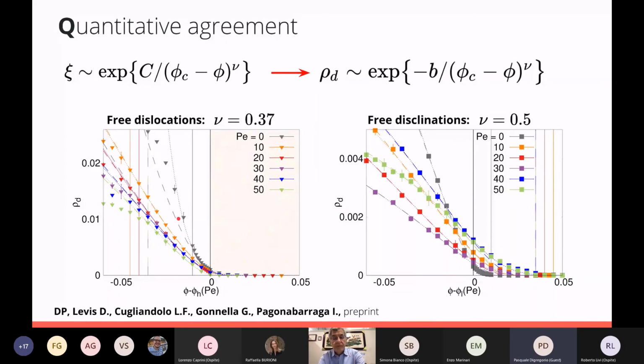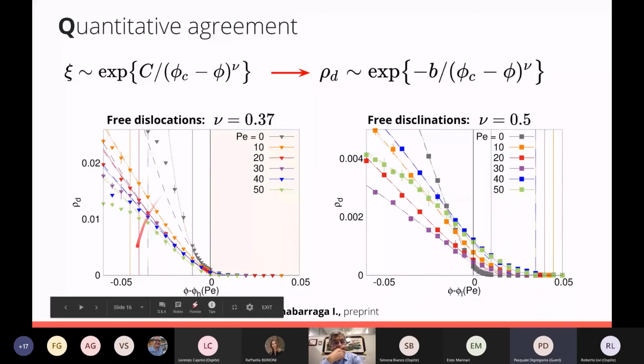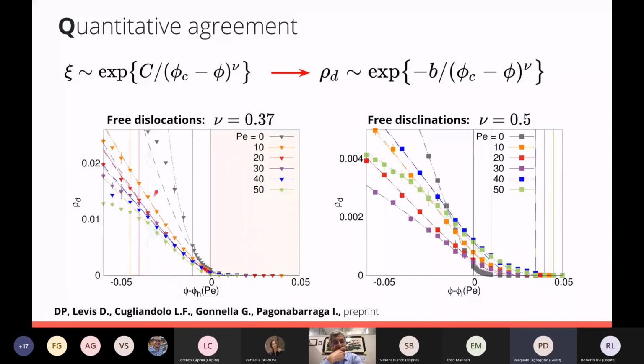So I agree, it looks like the slope of these curves is changing, and activity is somehow suppressing the proliferation of free dislocations. But I would not be so sure about the generality of this property.